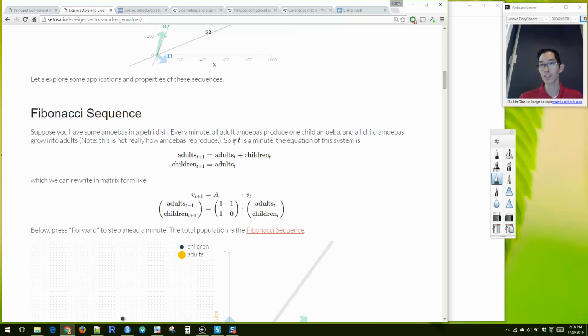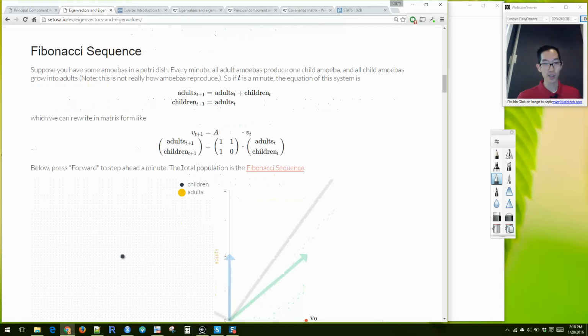This is not how amoebas actually work, but in this case, at time t you've got this many adults, and in the following minute, the number of adults you have now is going to be the number of children produced in the next generation. And the number of adults and children you have now will be the number of adults in the next generation, because they've all grown up, and then they're all having children.